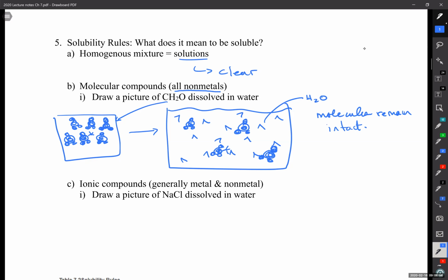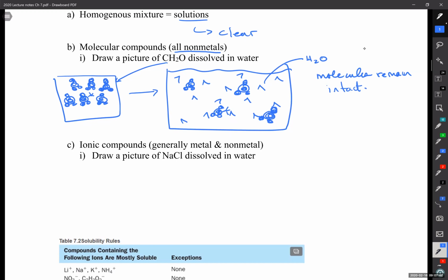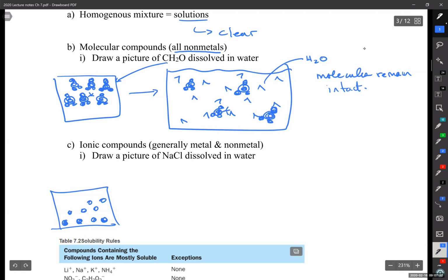So how does that differ from ionic compounds, right? Because I said they're different. So when you look at an ionic compound, it's going to look something like this. Now, you're going to have to bear with me while I do this. Actually, I don't want to make that box that big. I just want to make it smaller. And you're going to maybe not want to do this drawing and just pay attention.